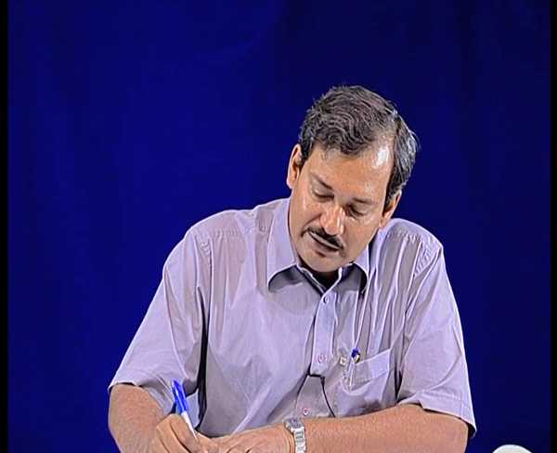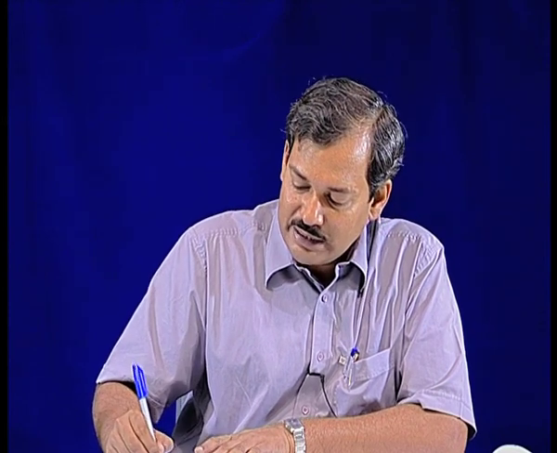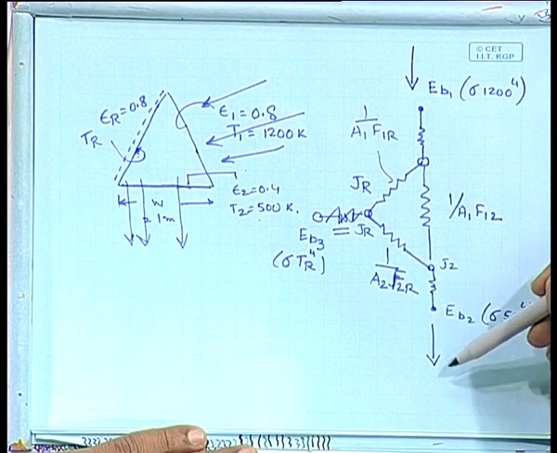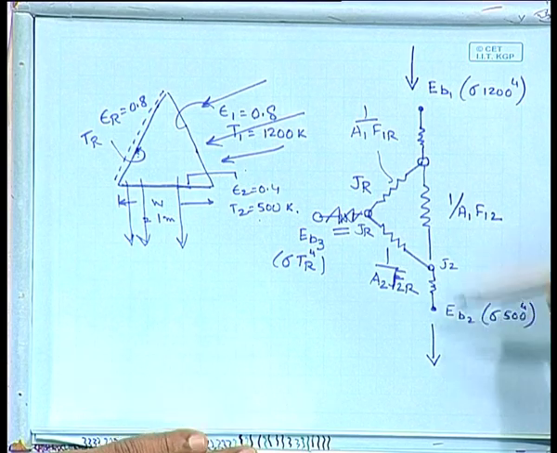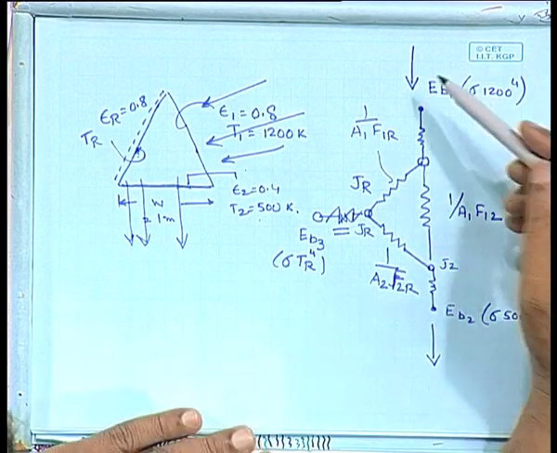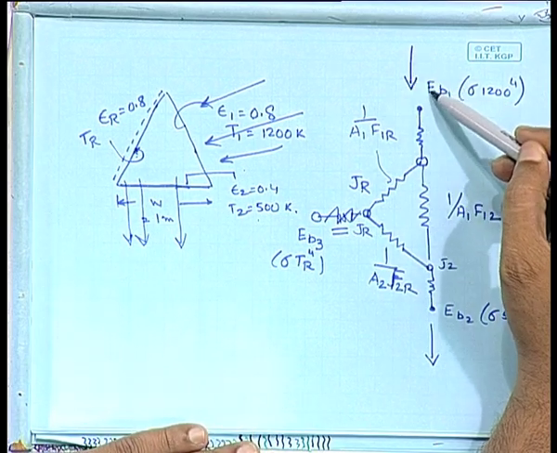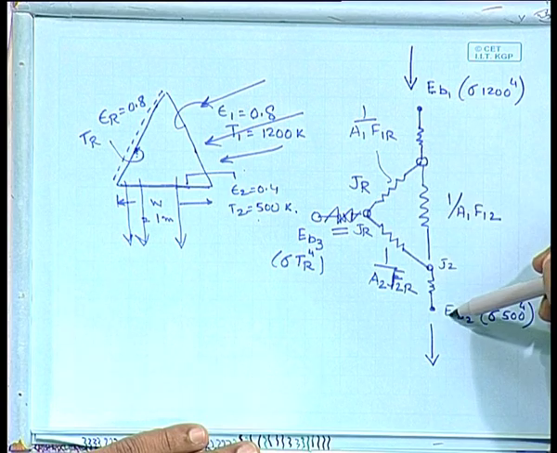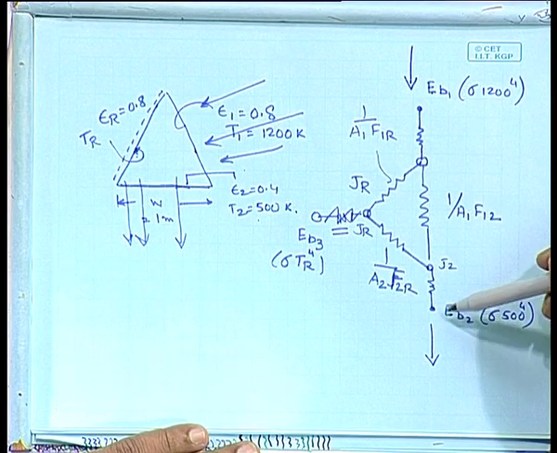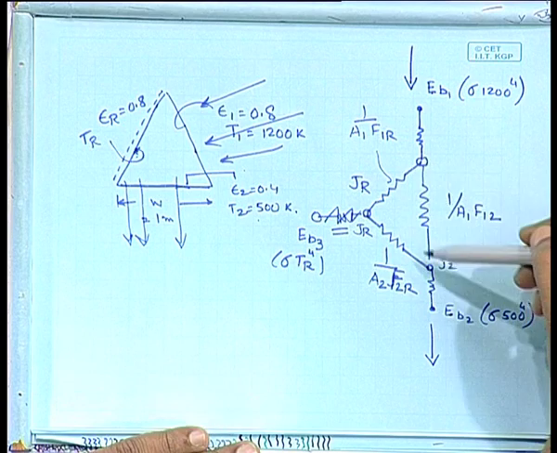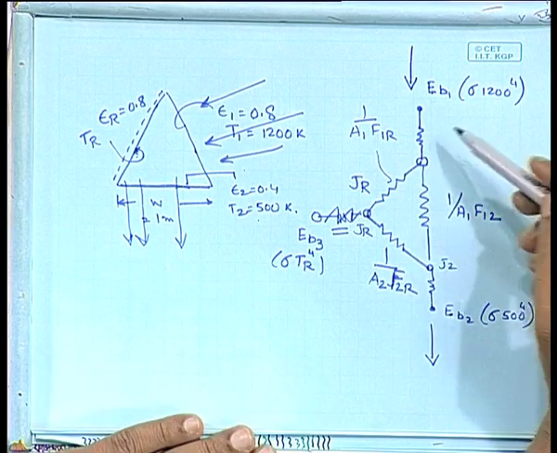And you are adding some amount of heat here, and you are extracting the same amount of heat out here. In order to maintain steady state, whatever amount of heat that you add here is the amount of heat that you take out from here. Now, what is the amount of heat that you add here? It is simply the potential difference between these two points divided by the equivalent resistance.